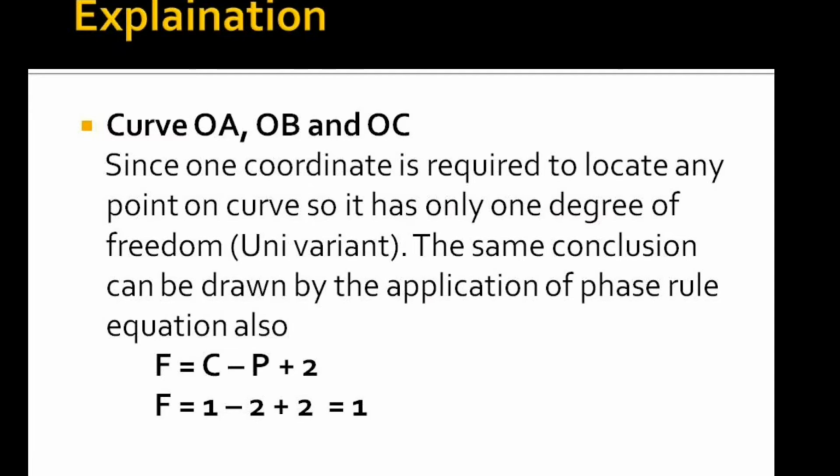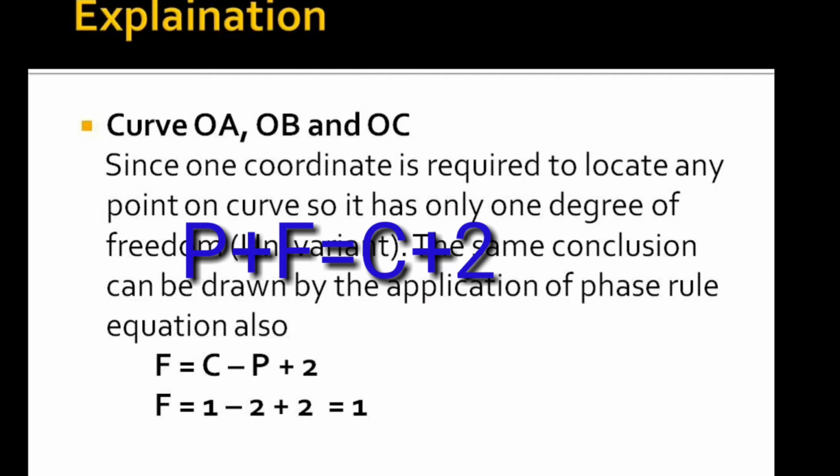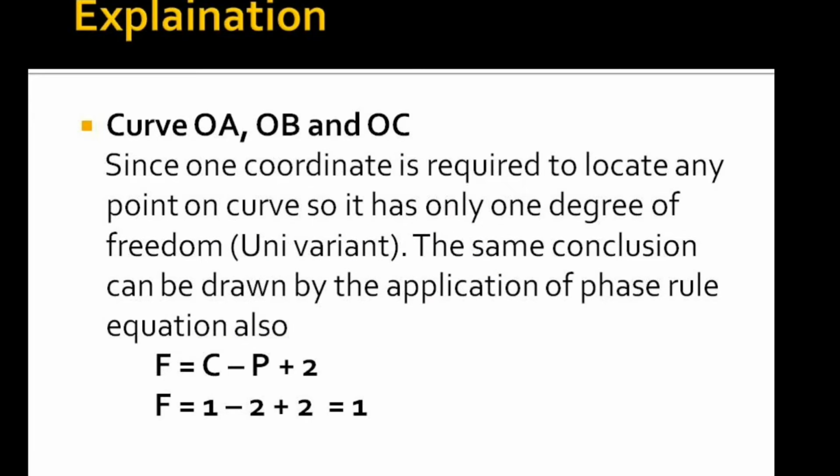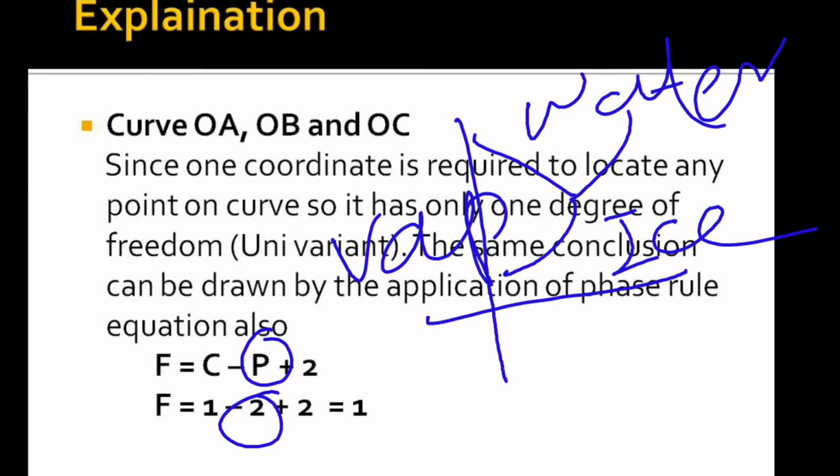Now let us see whether the same result is obtained by the application of phase rule or not. You know, P plus F is equal to C plus 2 is the phase rule, that is F is equal to C minus P plus 2. Now this system is a 1 component system, that's why the value of C is equal to 1. Along this curve, 2 phases coexist, that's why the value of P is 2.